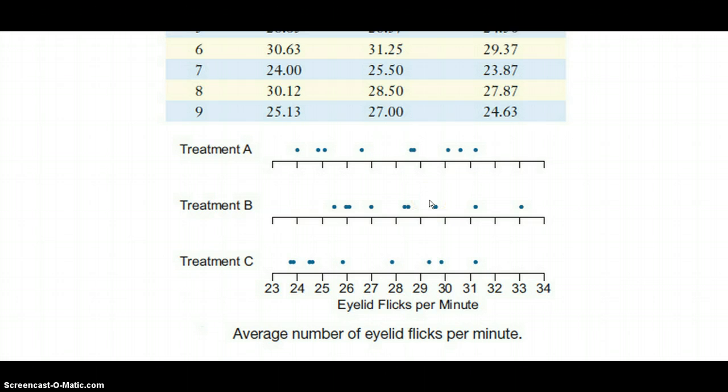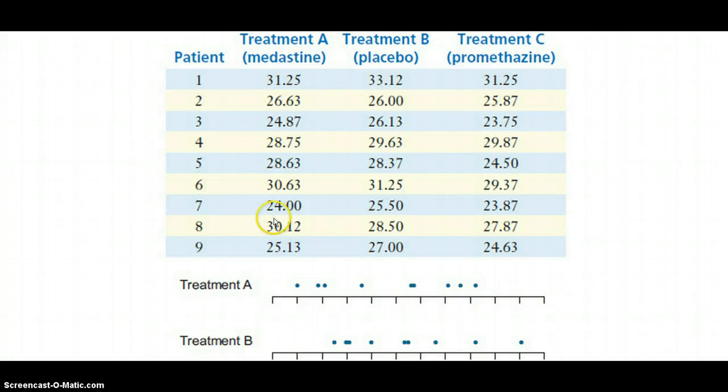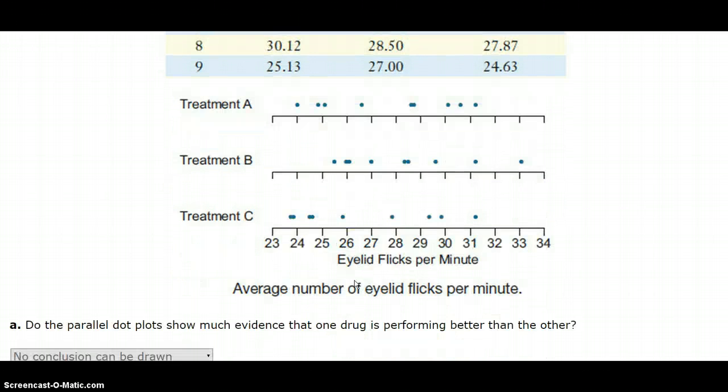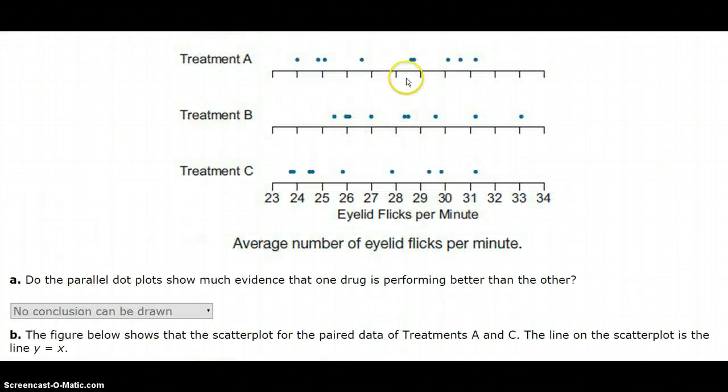Notice that our unit here is patient on treatment. So we have 27 units instead of just 9 from the individual patient, because each patient is on each treatment at separate times. So looking at these, it doesn't seem that anyone is necessarily better than another.